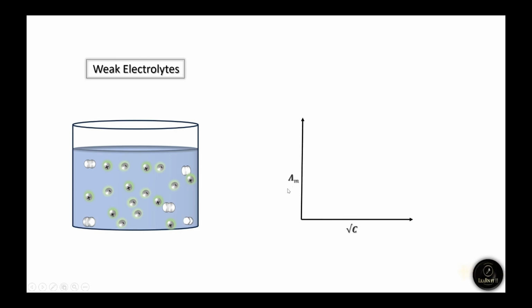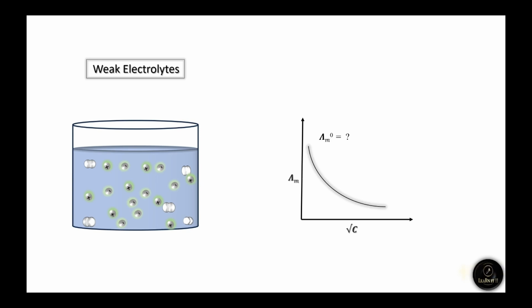That's why when we plot a graph of molar conductance versus concentration, whether root C or C, the graph is not a straight line and does not obey the Debye-Huckel-Onsager equation, but it is a curve. Now the question comes, where does this curve meet the axis, which represents molar conductance at infinite dilution? We want to calculate the molar conductance at infinite dilution, but we cannot calculate it directly.